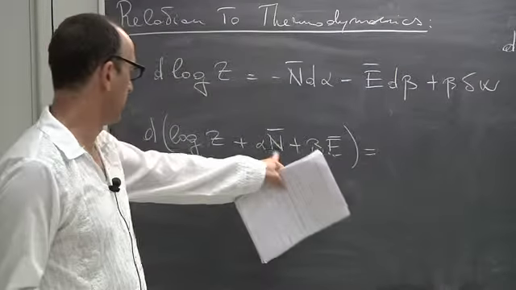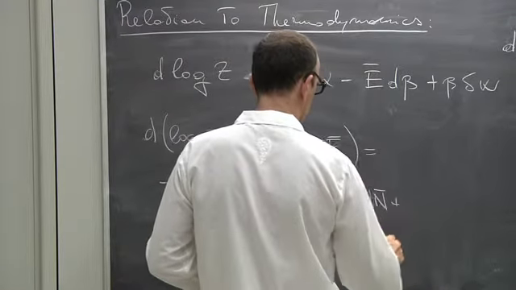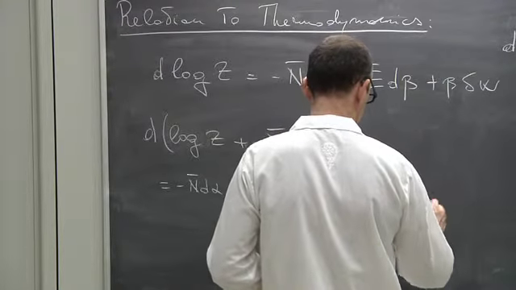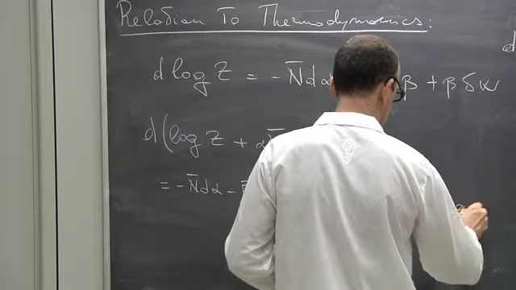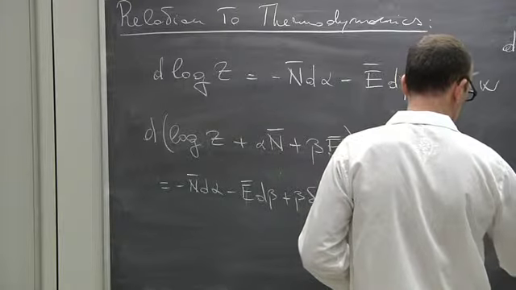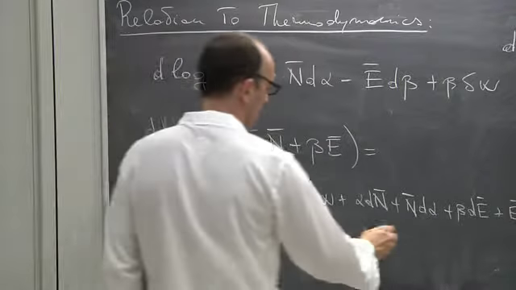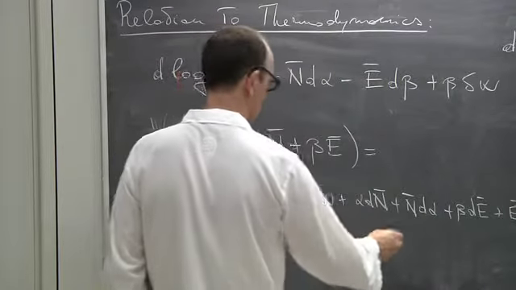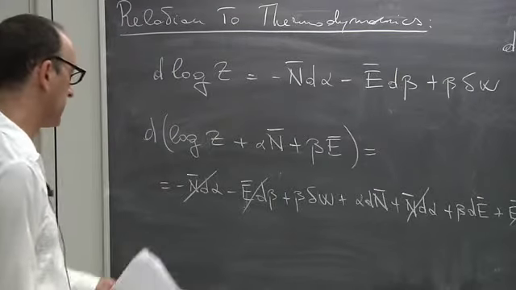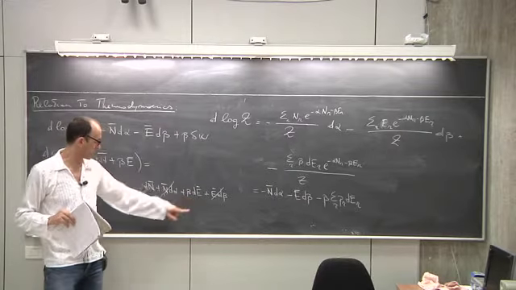And then I have the differential of these things, which is alpha dN plus N d alpha plus beta dE plus E d beta. Now this term and this term cancel, and this term and this term cancel. And now I have beta, which multiplies the work plus the energy.